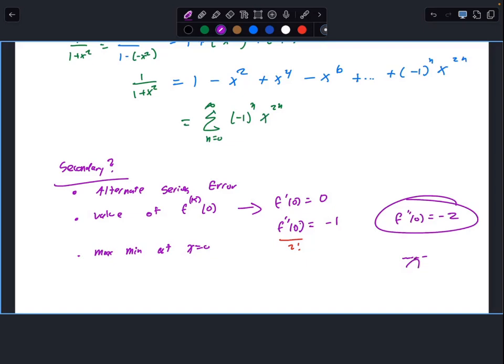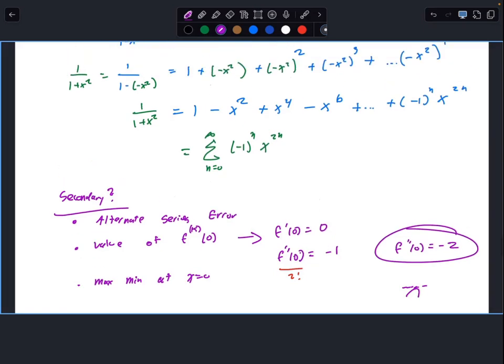Yes? When you were getting the values earlier, like 0, negative 1, what were you plugging in to get those? Like, what were you looking at to find those values? The 0, this right here? Or f prime of 0 equals 0, and f double prime of 0. So if I were to do the work the long way, it would be f of 0 plus f prime of 0 x plus f double prime of 0 over 2 factorial x squared.